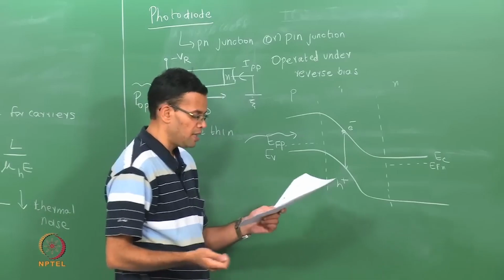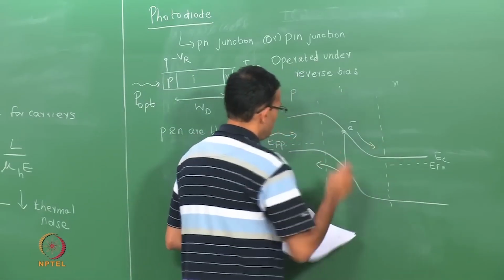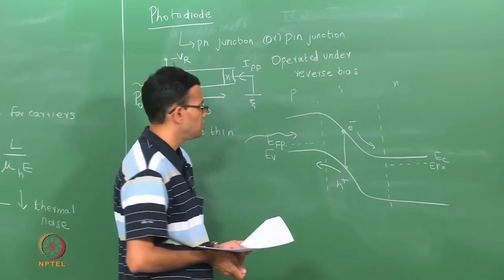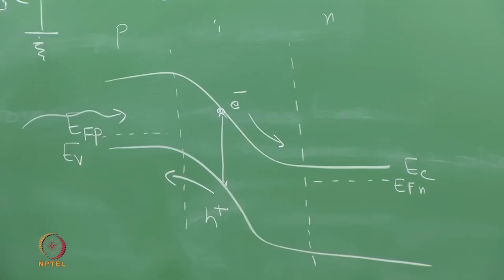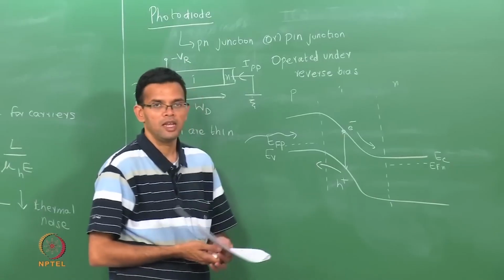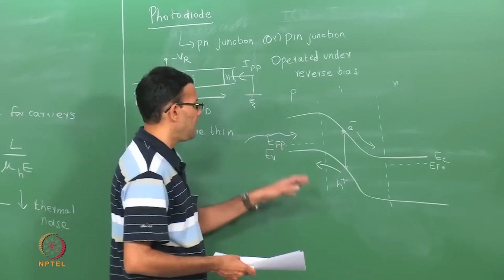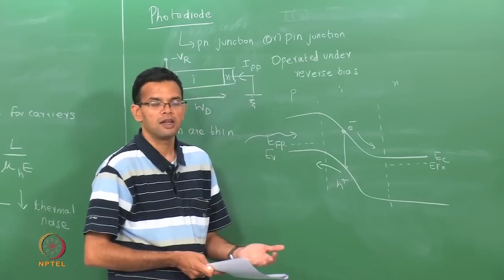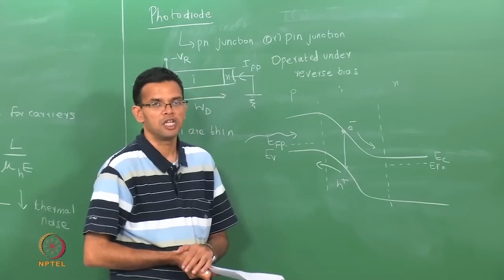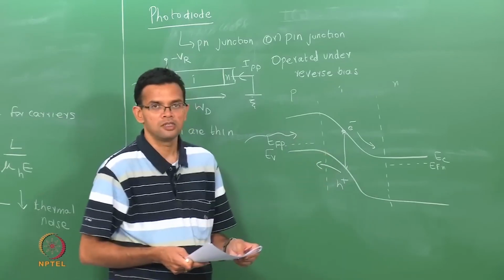Because of a reverse bias, these electrons and holes are separated and they contribute to the current. In the absence of any light, there will be a small current which is your reverse saturation current, similar to any p-n junction under reverse bias. When we shine light, this current is enhanced because we now have an additional photocurrent due to the electrons and holes that are generated.